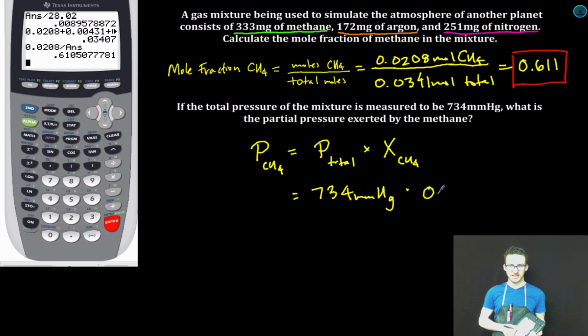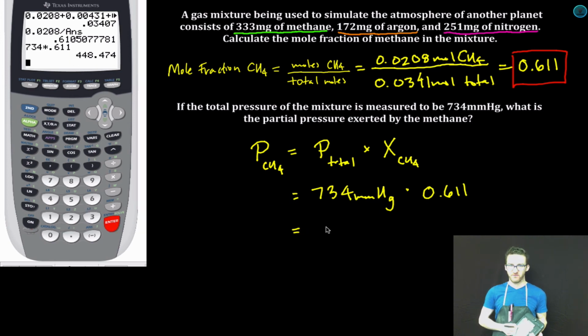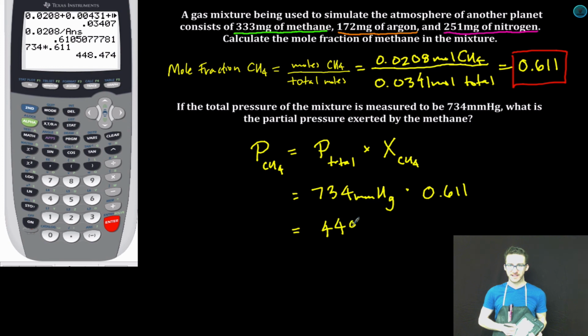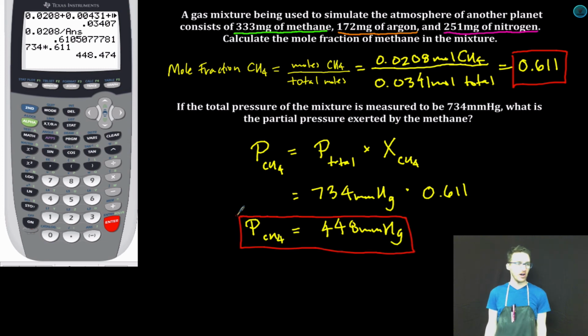Mole fraction, 0.611. That means the partial pressure of just the methane in that mixture, 734 times 0.611, is 448 millimeters mercury is the partial pressure contributed by the methane. Boom. And we are done.